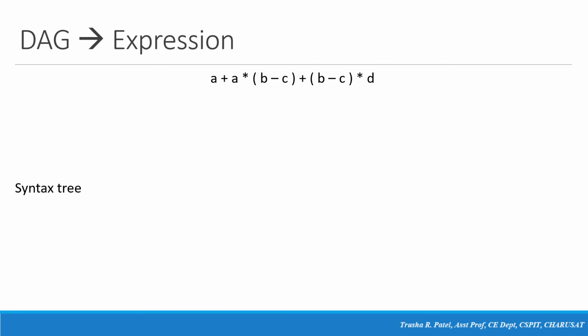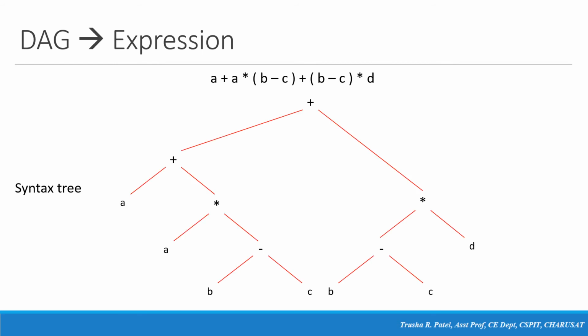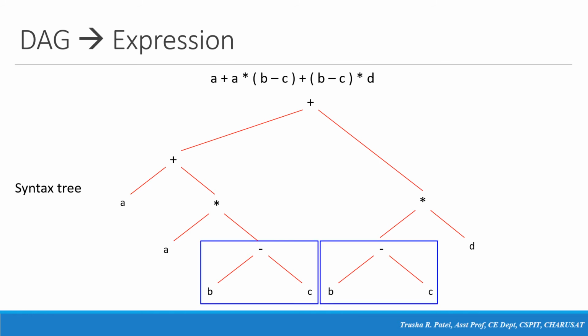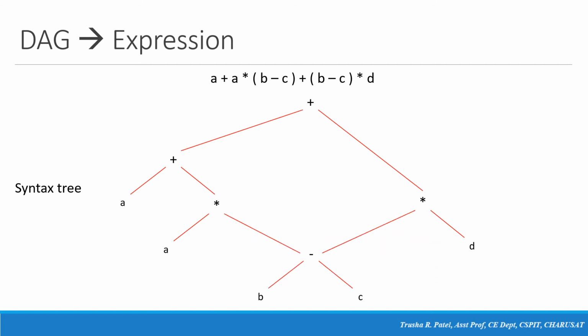If I construct a syntax tree for this expression, it will be something like this. Now to construct the DAG, we have to find the sub-expressions which are similar. You can see over here that we have two subtrees of b minus c. So I can combine them and form it like this.